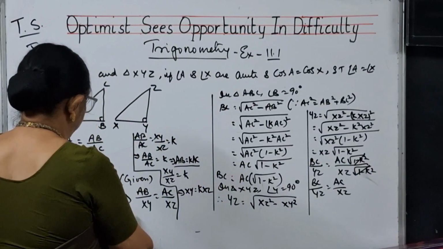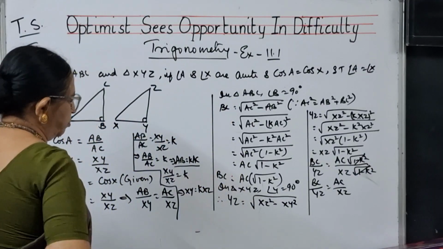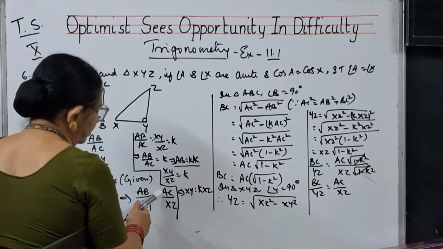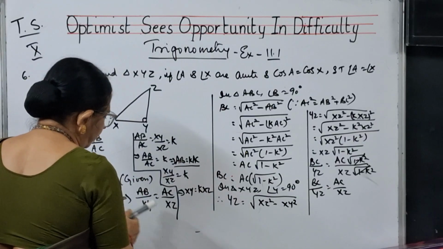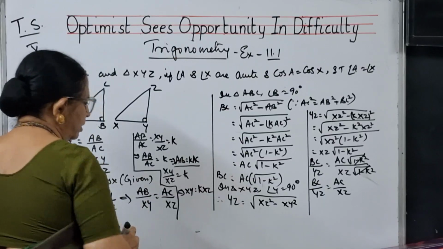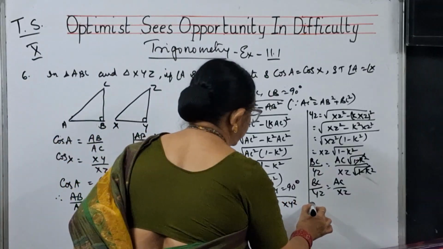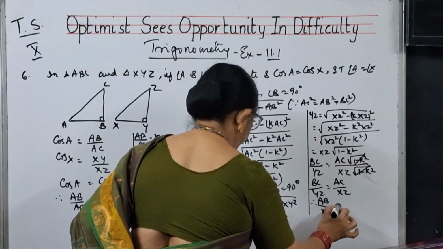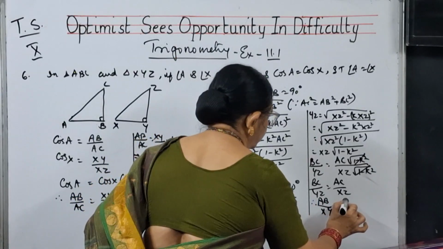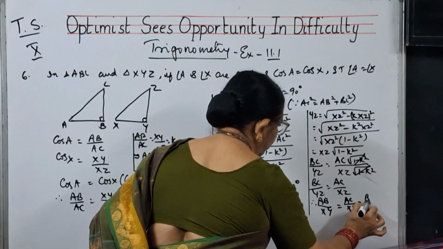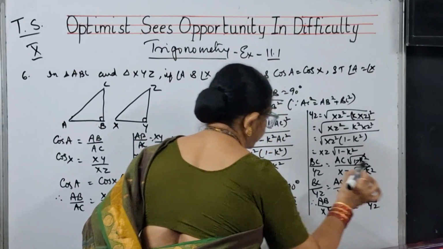So here you see, children, BC by YZ is equal to AC by XZ. See, AC by XZ is also equal to AB by XY. So we can say that AB by XY is equal to AC by XZ is equal to BC by YZ.